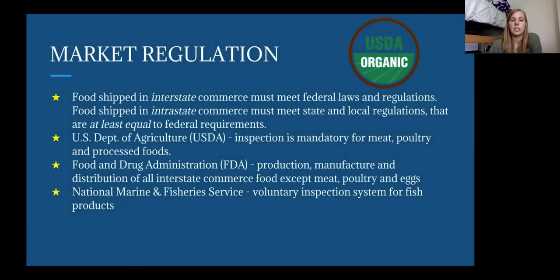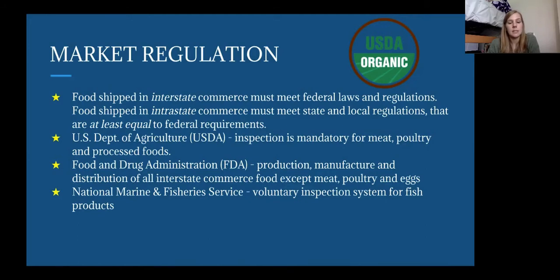Market regulation. Food shipped interstate must follow federal laws and regulations. Food shipped intrastate, which is within the state, must meet state and local regulations that are at least equal to federal requirements. The USDA is responsible for inspection of meat, poultry, and processed foods.